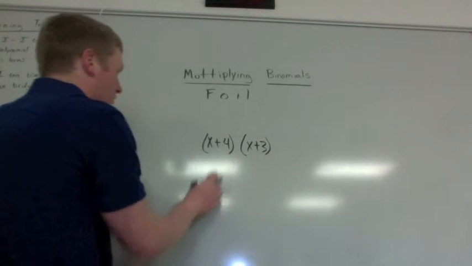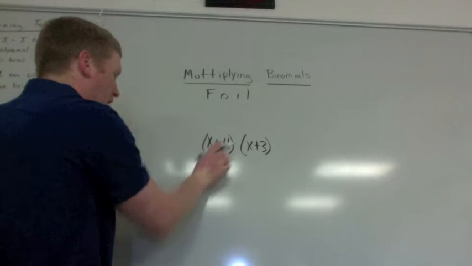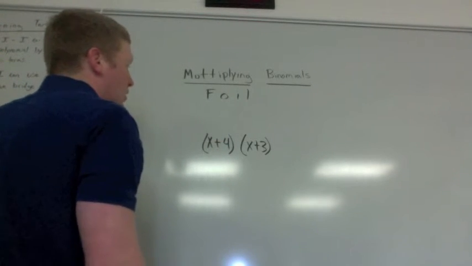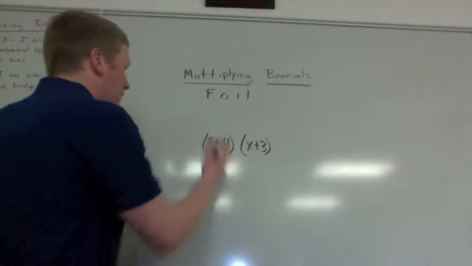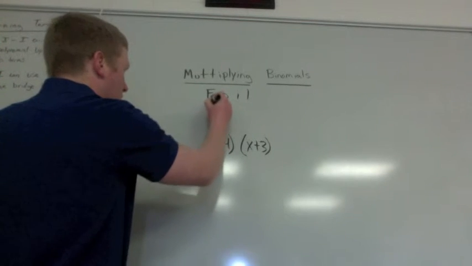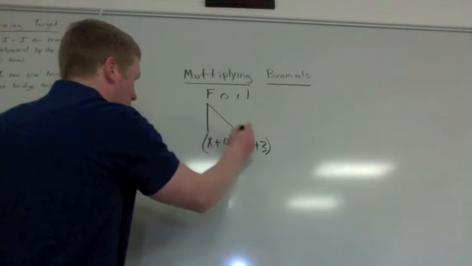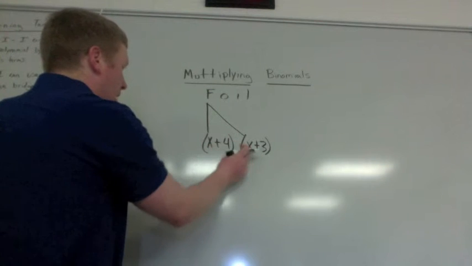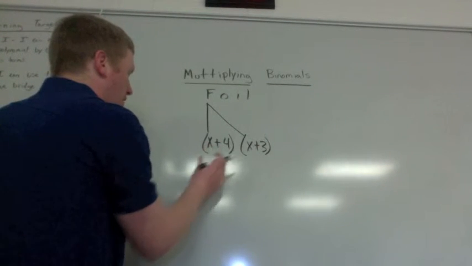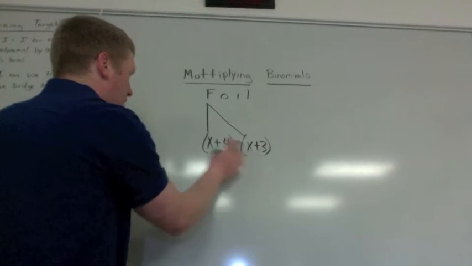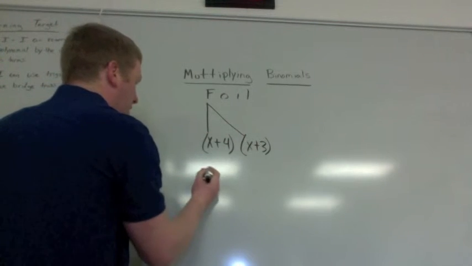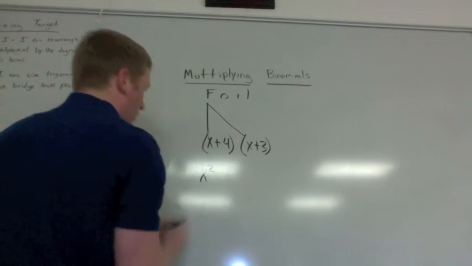Both are binomials because they have two monomials. Using the FOIL method, we're going to multiply the first two terms. X times x, remember your exponent properties, they have the same base, so you take their powers, 1 and 1, add them together, you get x squared.